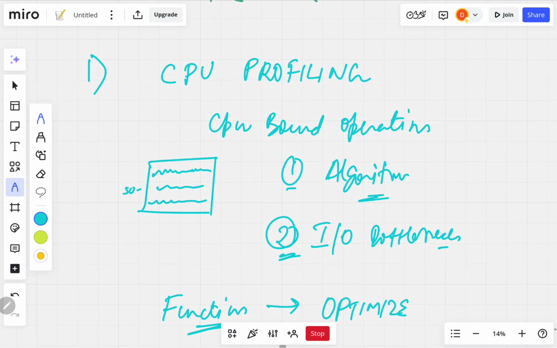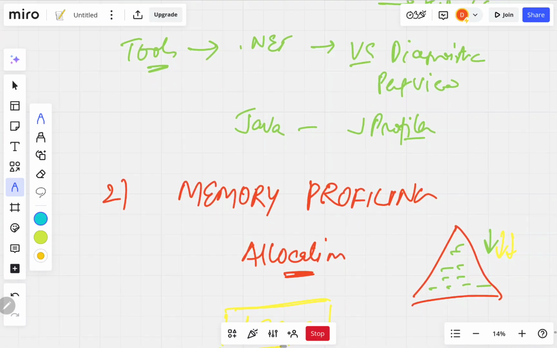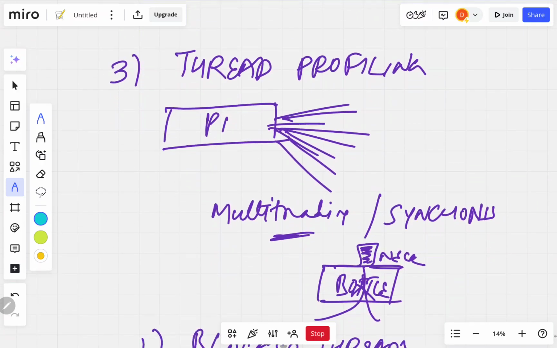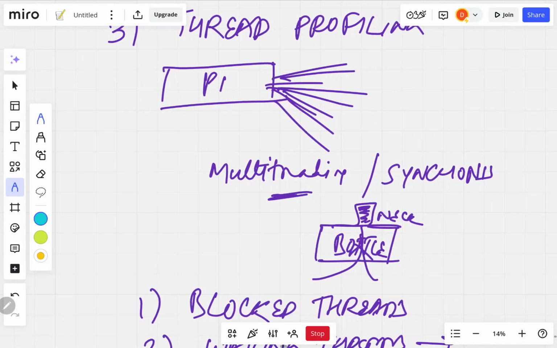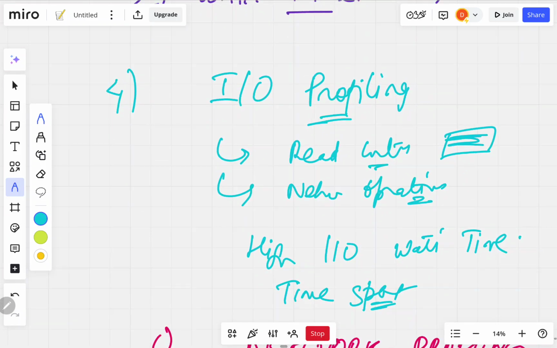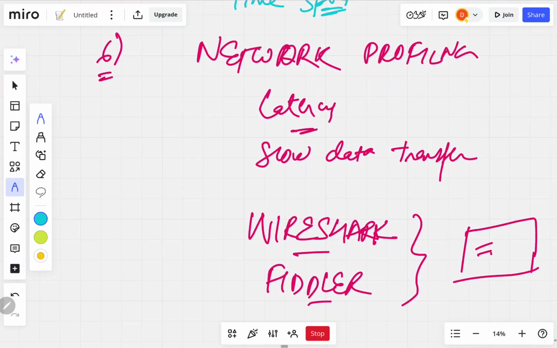So just a quick recap: see how CPU is going. Second is memory profiling, how the memory is going. And then threads. These are, I would say, a culprit in many situations. Blocked threads, waiting threads. Input output profiling: how the disk is being read, is there latency, is the disk slow, what is happening. You'll get all the data. Network: Wireshark, Fiddler.